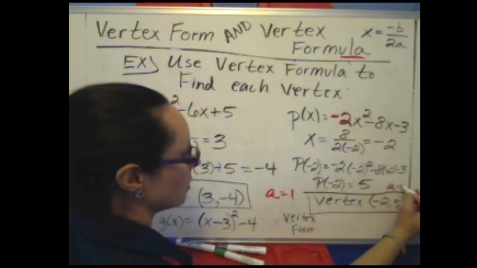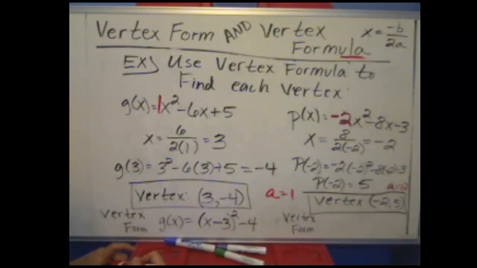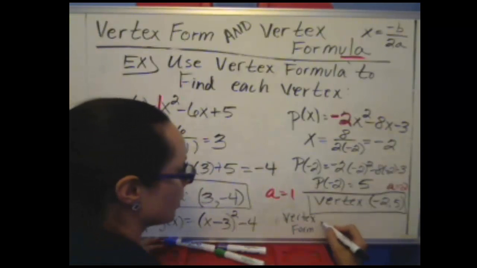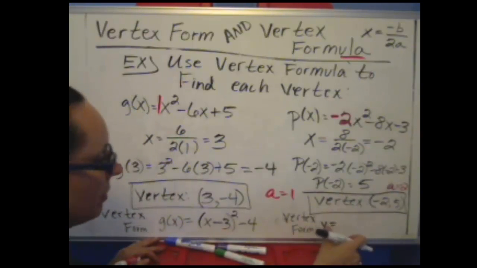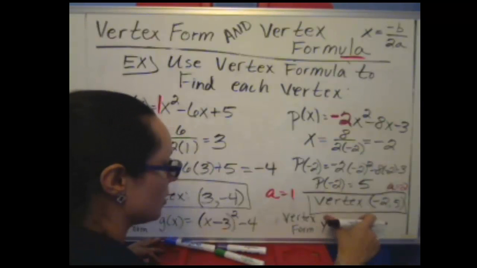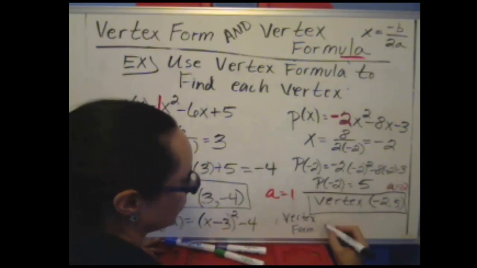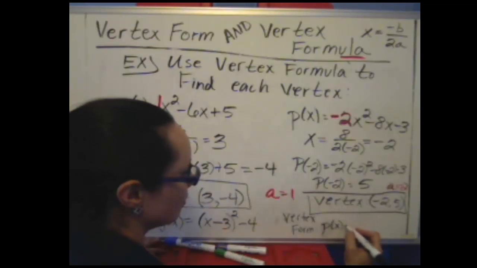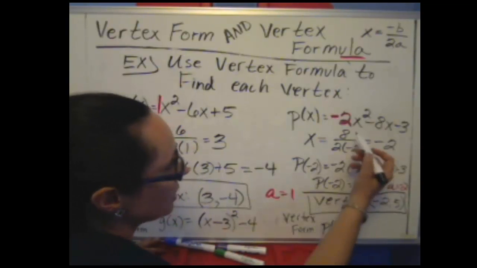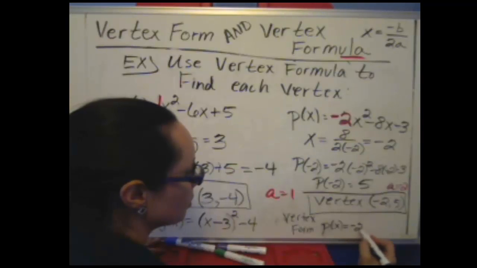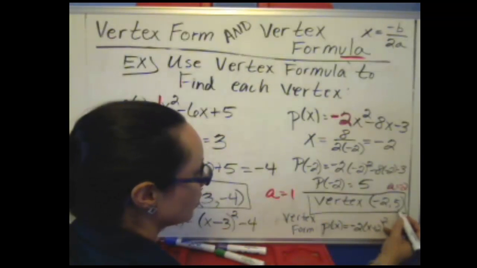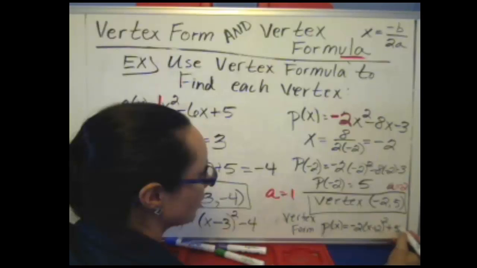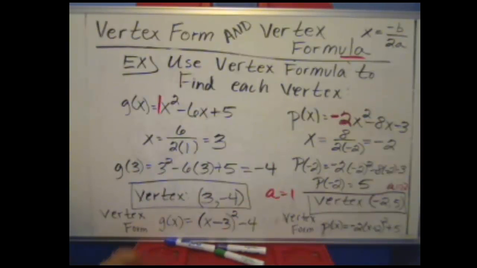So A is equal to -2, because what we can do here is say p of x is equal to, we will take our A from the original, then in parentheses we use x, the opposite of this x value here, which is a +2 squared, keeping that +5 positive on the outside, and there we have vertex form using a difference.